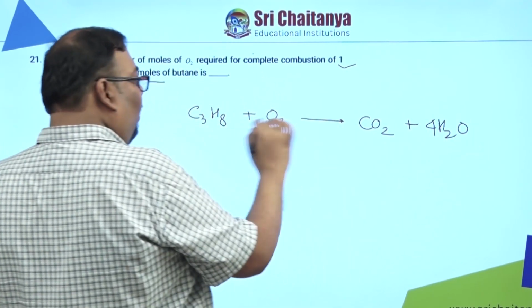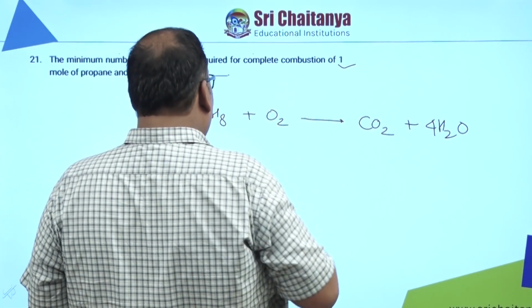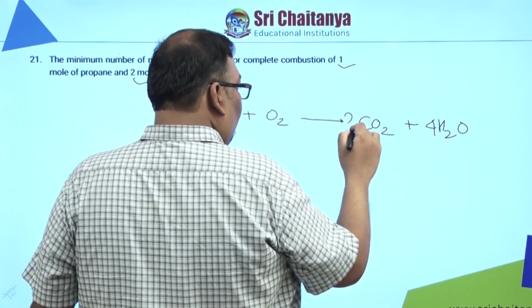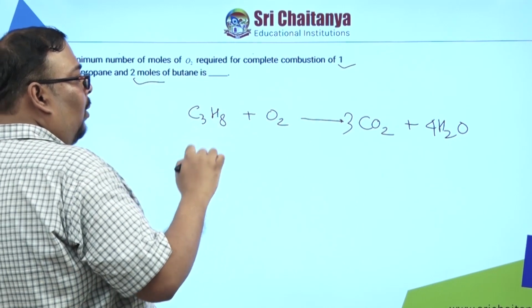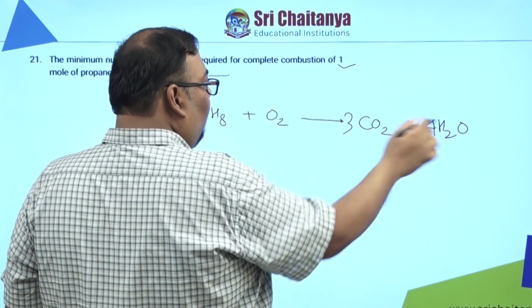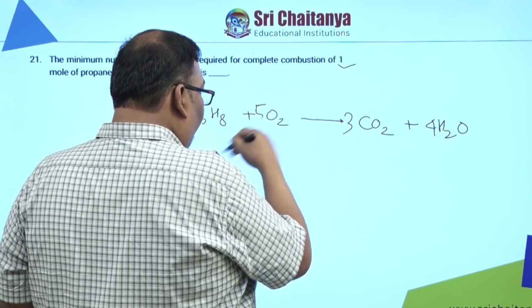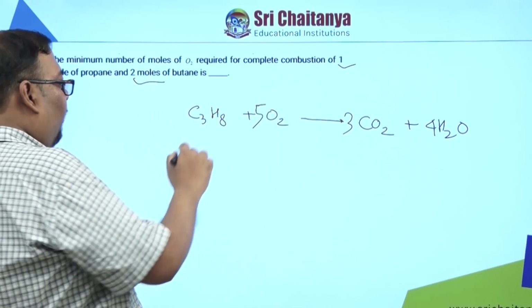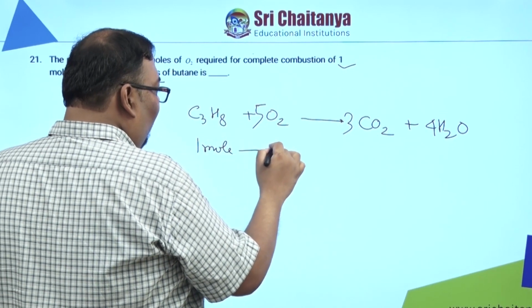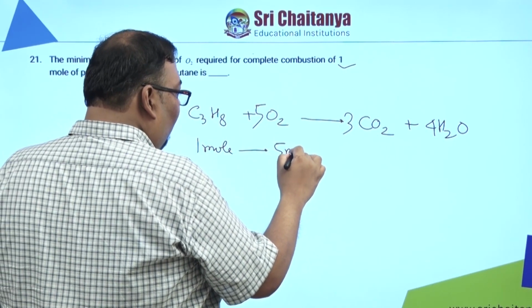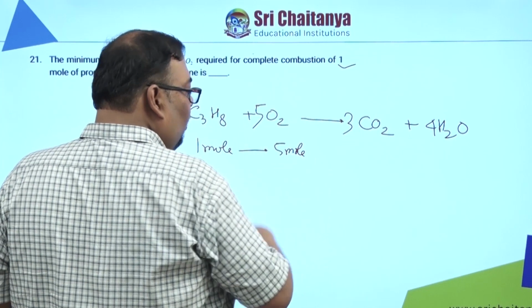When you are balancing it, there are 8 hydrogens, so 4 H2O, and 3 carbons, so 3 CO2. Now the total number of oxygen atoms will be 6 plus 4, 10, so it will be 5 O2 here. So if you are using 1 mole of propane, then it will be reacting with 5 moles of oxygen.